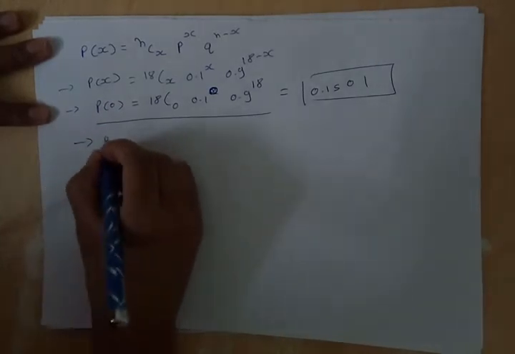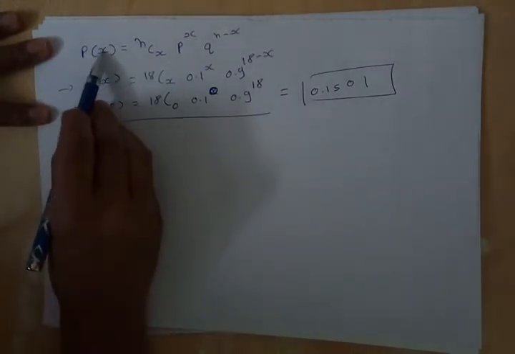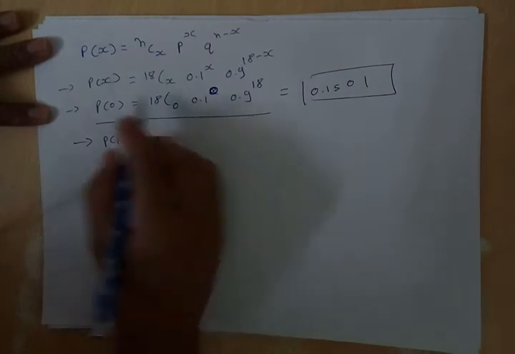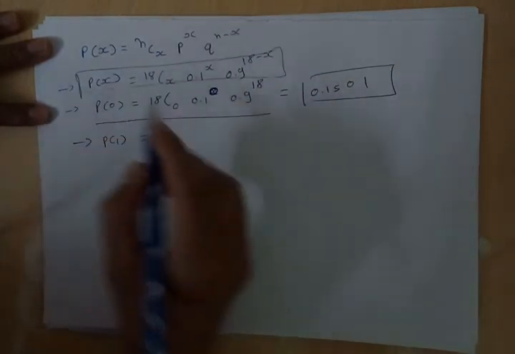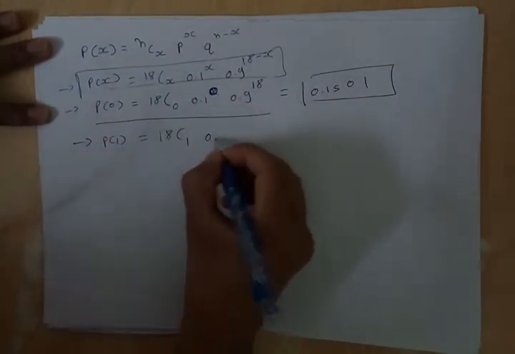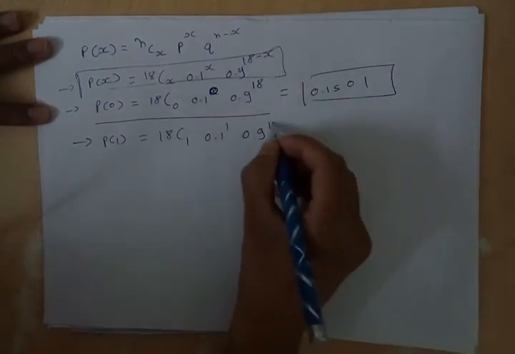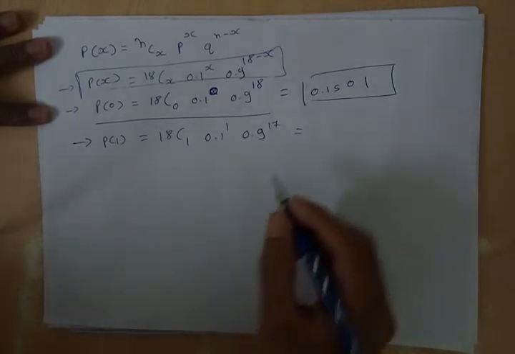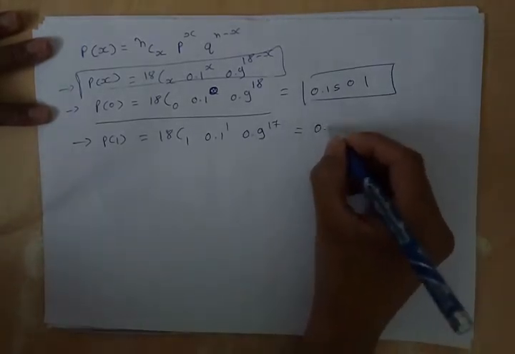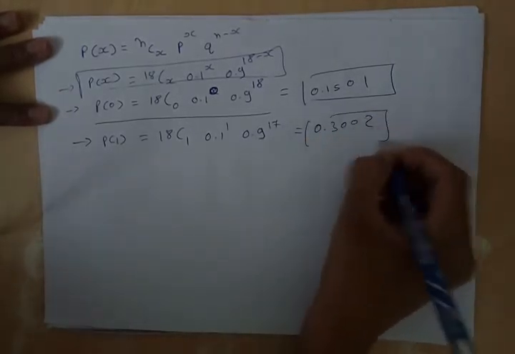Similarly, we can calculate P of 1 by putting x equal to 1 in this standard equation. So 18C1, 0.1 raised to 1, 0.9 raised to 18 minus 1, which is 17. So this will be 0.3002.